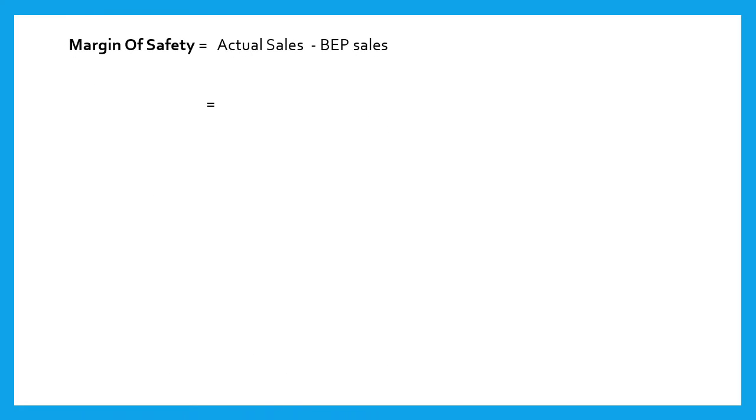After that, the next calculation is margin of safety. The formula is again actual sales minus BEP sales. We have actual sales of rupees 1,50,000 and BEP sales of rupees 1,02,000. In this way, we get margin of safety of rupees 48,000.